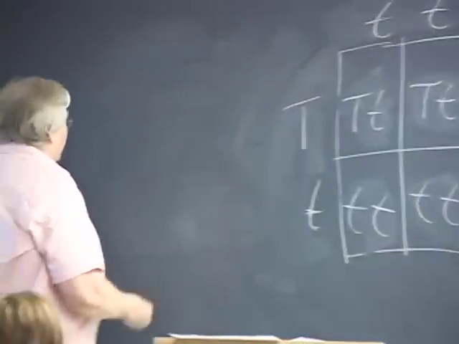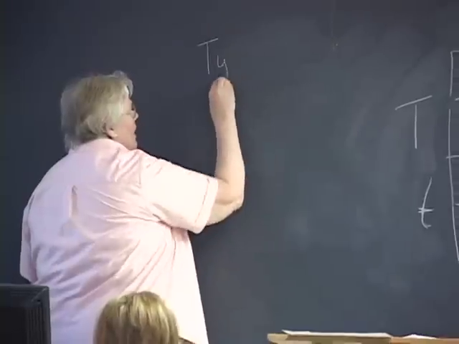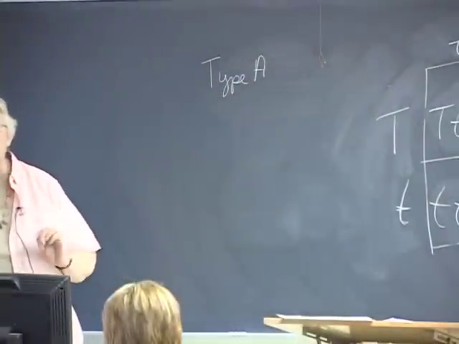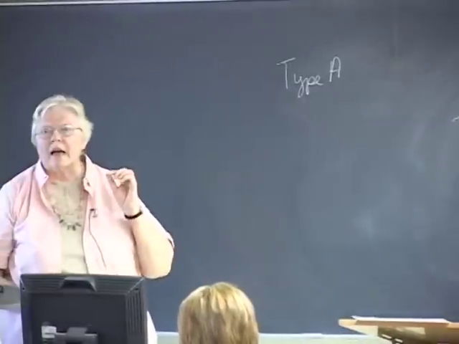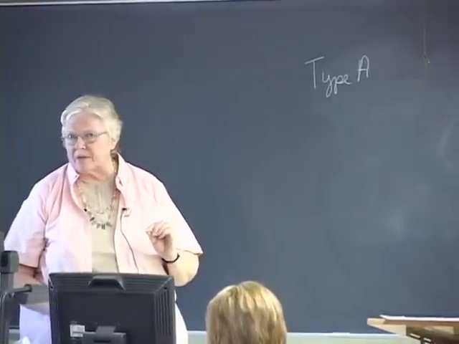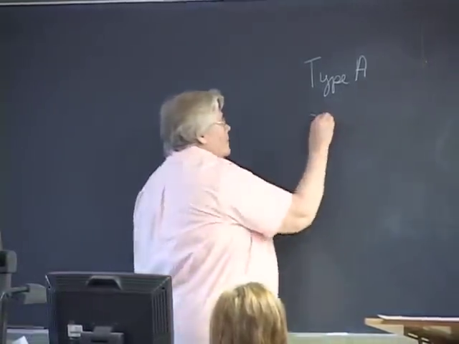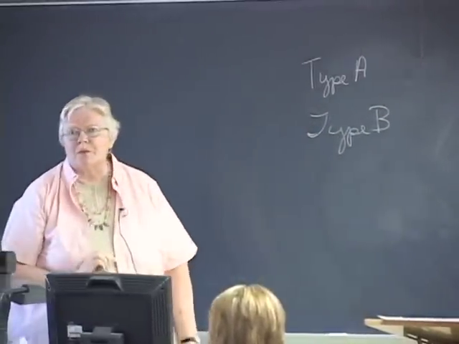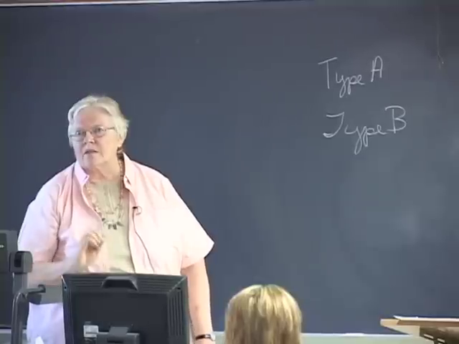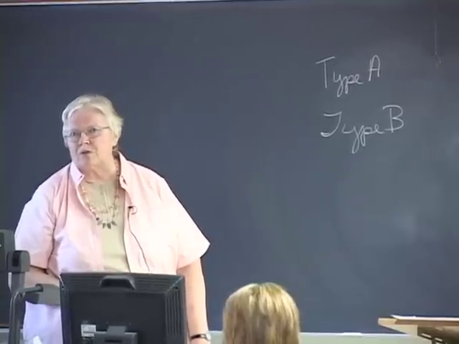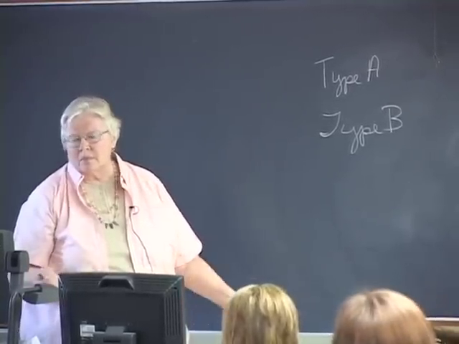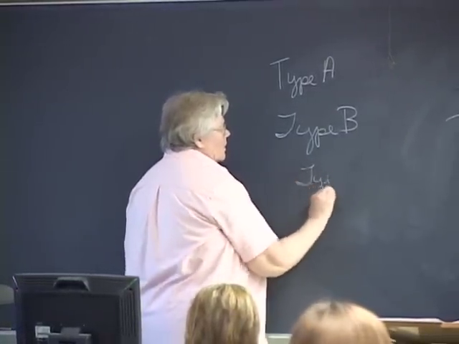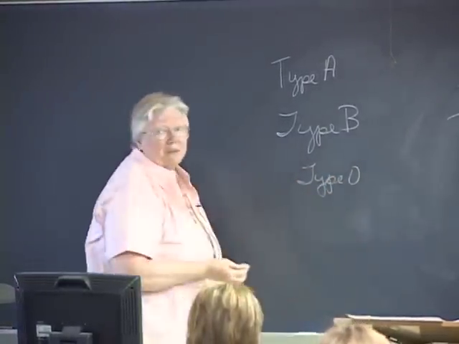Okay, in blood typing, we have type A. And type A is due to a dominant gene, causes the A antigen to be produced on the erythrocytes. We have type B. And type B is also due to a dominant gene, causes B antigens to be produced on the erythrocytes. We have blood type O, and O is recessive.